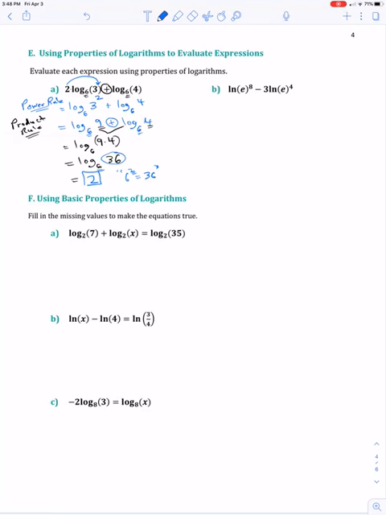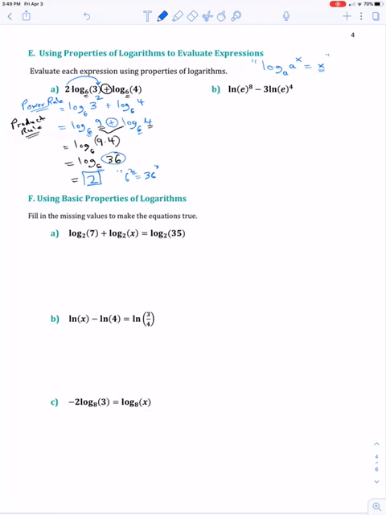All right, let's see if we can find the value of this next example. Now, in this next example, we're dealing with natural logarithms, which are log base e logarithms. We can do some simplifying here. Remember our property: log base a of a to the x power always simplifies to x.